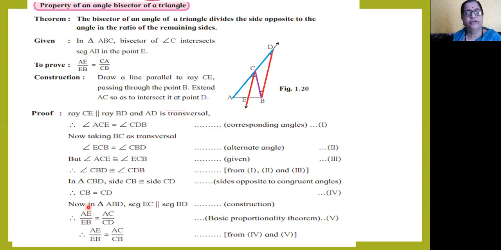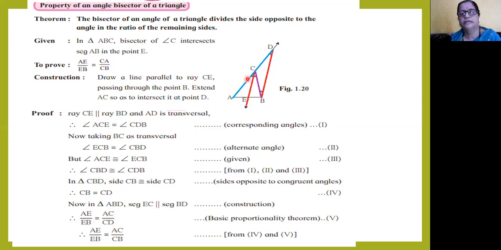So now, in triangle ABD, segment EC is parallel to segment BD. So on construction we have seen the basic proportionality theorem, that is, AE divided by EB equals AC divided by CD.